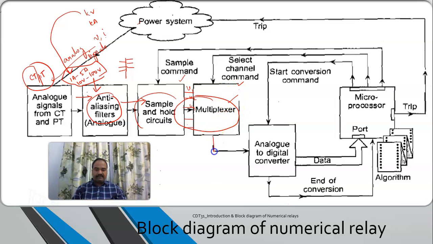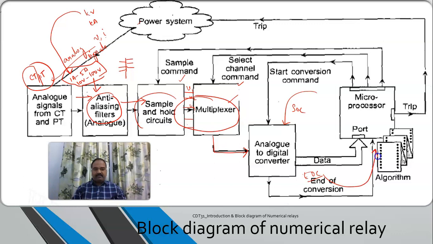Once it is done, this is fed to your ADC. So that one selected data will be converted to digital data. There will be some processes you might have studied in your ADC. Start of conversion, SOC, and again after the completion of conversion of data from analog to digital, there will be a signal, end of conversion.